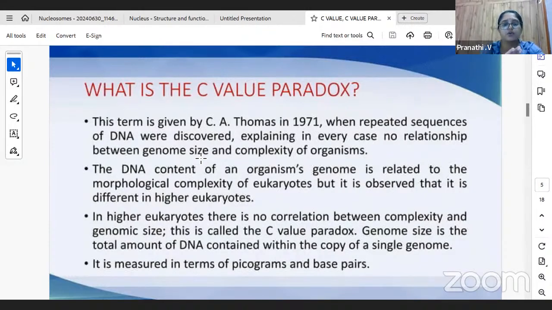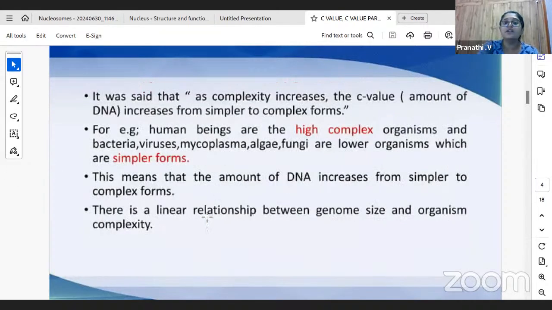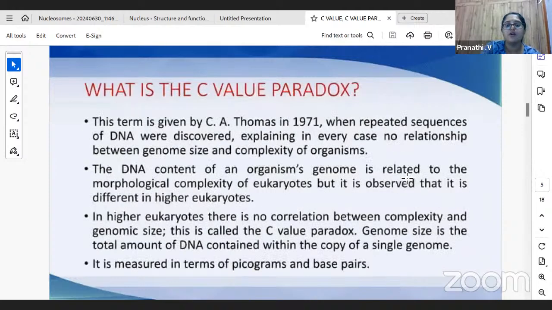So in the higher eukaryotes, there is no relation as such between complexity based on the morphology and the genomic size. So this whole proposition, that a linear relationship between the genome size and organism complexity exists, is not going to be seen in the higher organisms or higher eukaryotes.